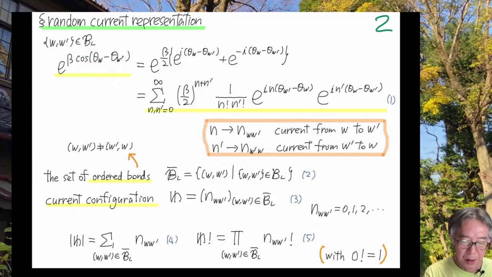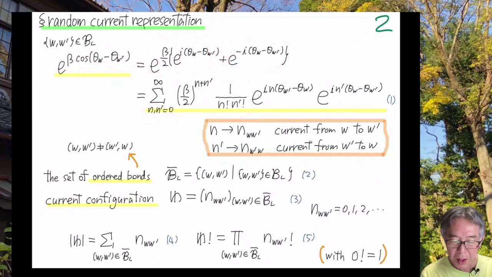Then you can write this as a product of two exponentials, and you can just Taylor expand these to get this. So you Taylor expand this, and you also Taylor expand this thing, and we write them together. So this is a double sum over n and n prime.